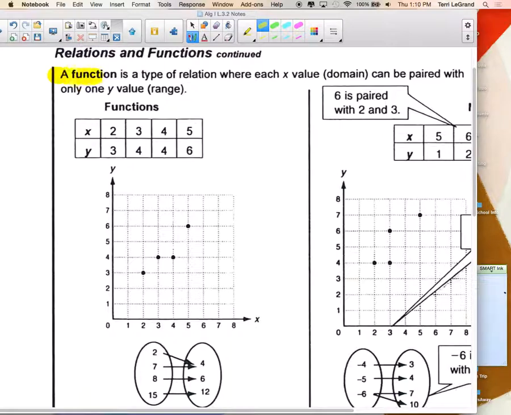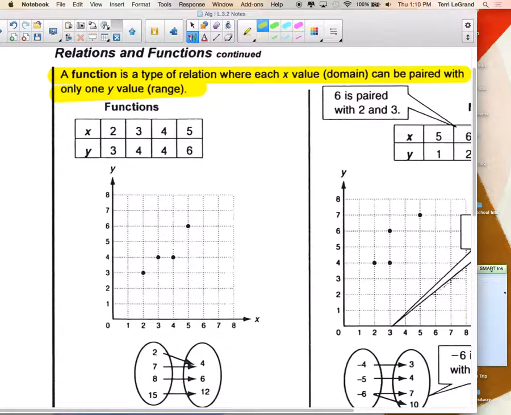We are going to start talking about our other vocabulary word, function, and this challenges students. If they keep getting their papers back on these, it's because they have not figured out what a function really is.